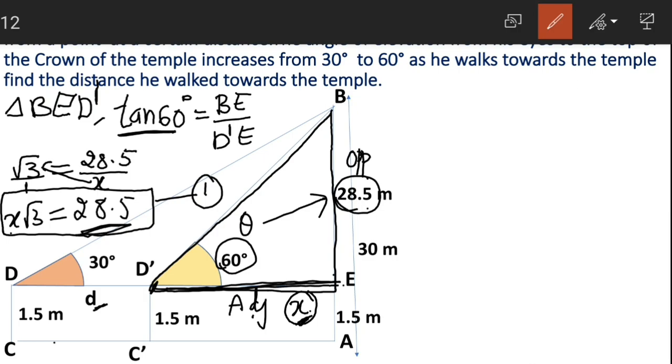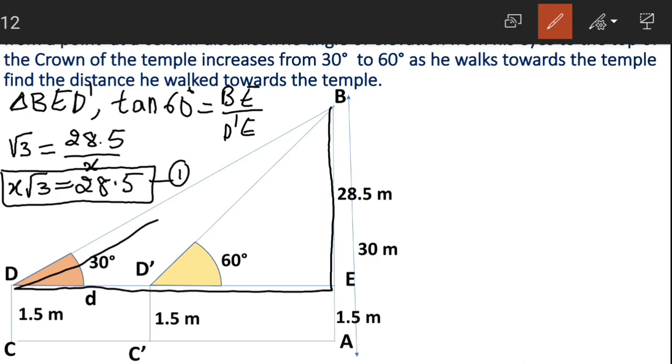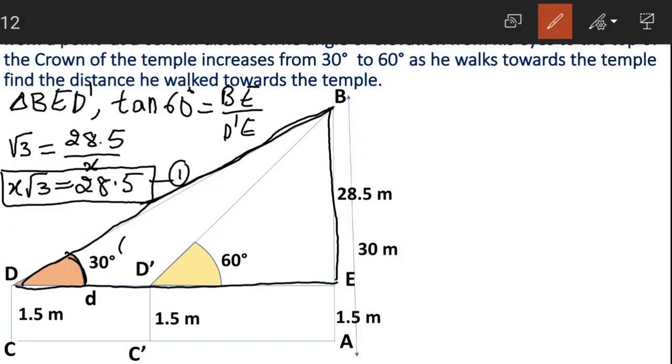Okay. So now consider the other triangle, that is, considering BED here. And clearly the angle is 30 degrees.